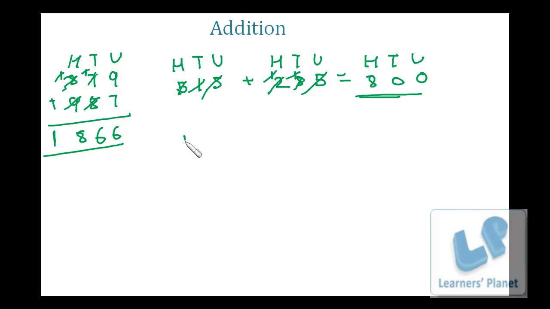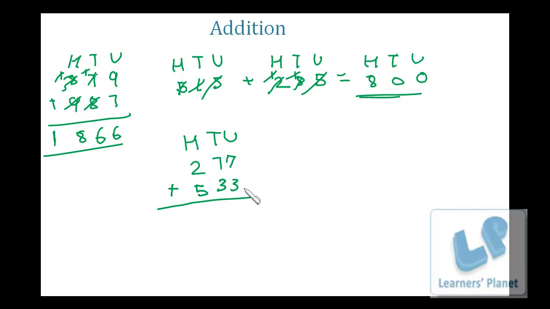Now suppose again hundreds, tens and units. If we have 277 plus, suppose, 533.